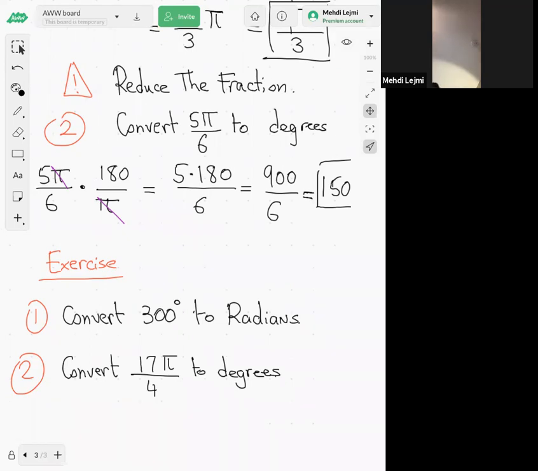But Basir, 10 over 6, you can still reduce the 10 over 6, right? That will be 5 over 3. So that will be 5 over 3 pi.